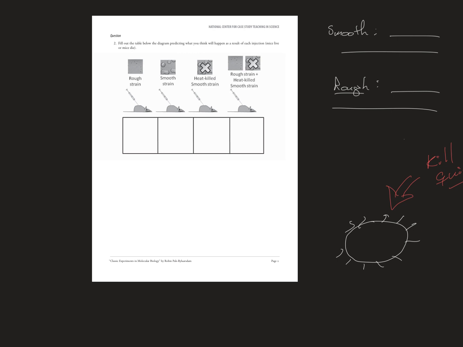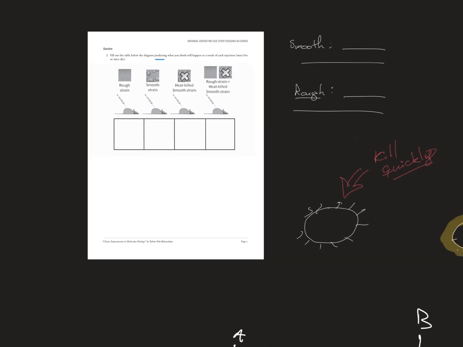They expect the expectation. Let me write down the predicted. Sorry, it already says. So this says predicting, right? So predict what you think is going to happen if you inject the mouse with the rough strain.